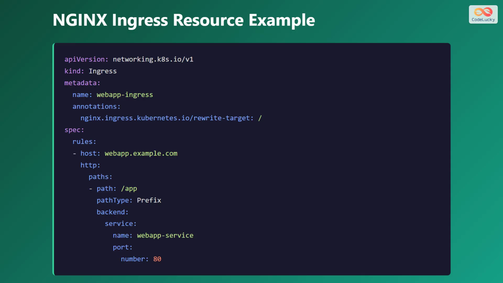The spec section contains the routing rules. Here, we define a host, webapp.example.com, and specify that requests to the path /app should be forwarded to a service called web-app-service on port 80. When a user visits webapp.example.com/app, the NGINX Ingress controller will route that traffic to the appropriate backend service running in your cluster.